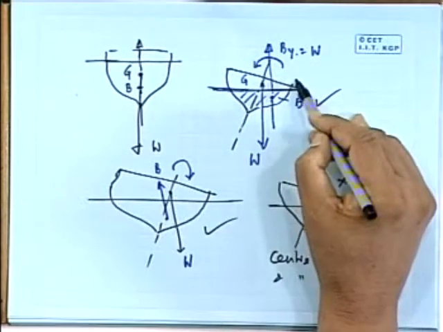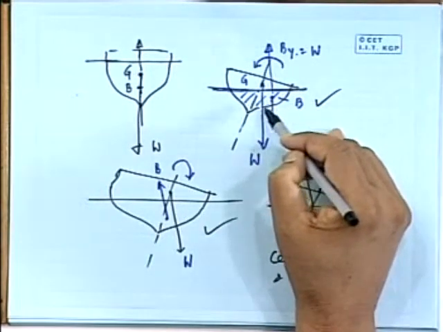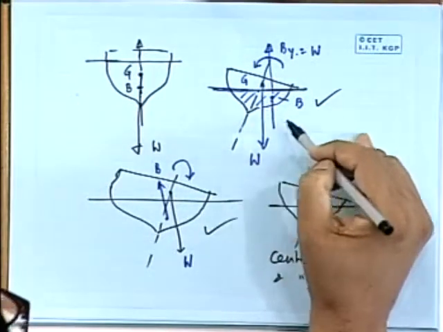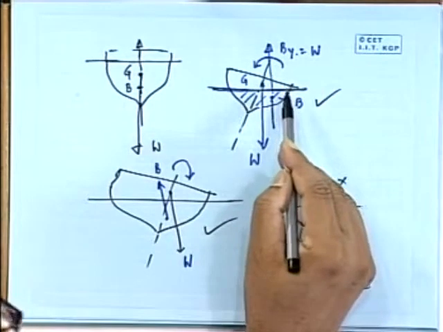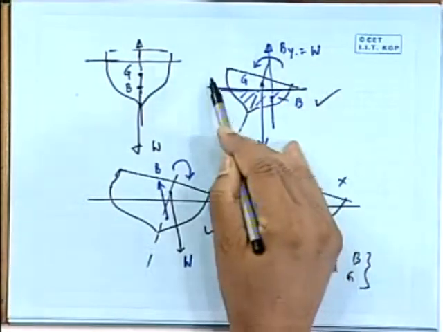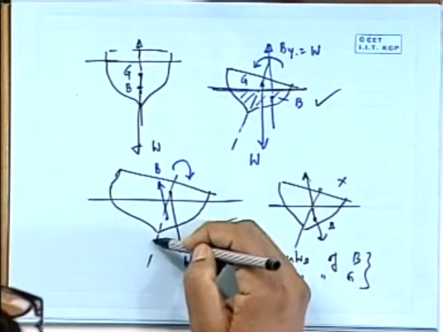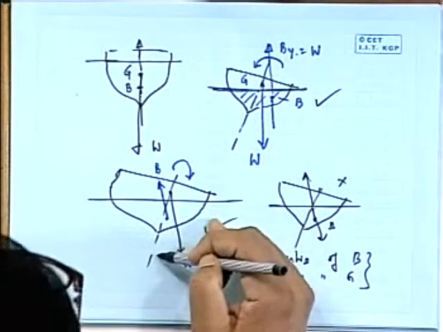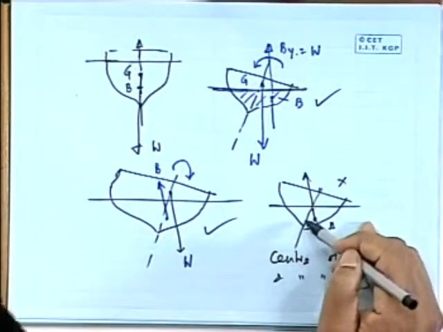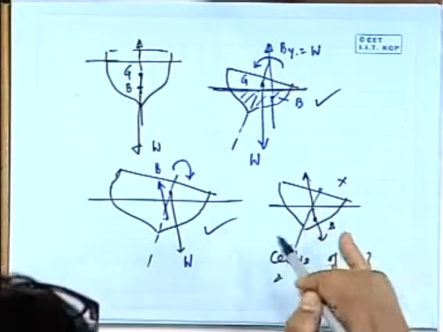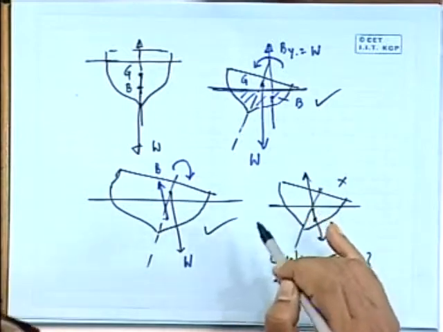This scenario would represent a positive stability. In other words, we can say that the ship is stable because it comes back to its original. This configuration we call unstable because it is going away from neutral. This is of course equilibrium. This is neutral stability, which means it will stay at the disturbed location, which as I said never occurs.